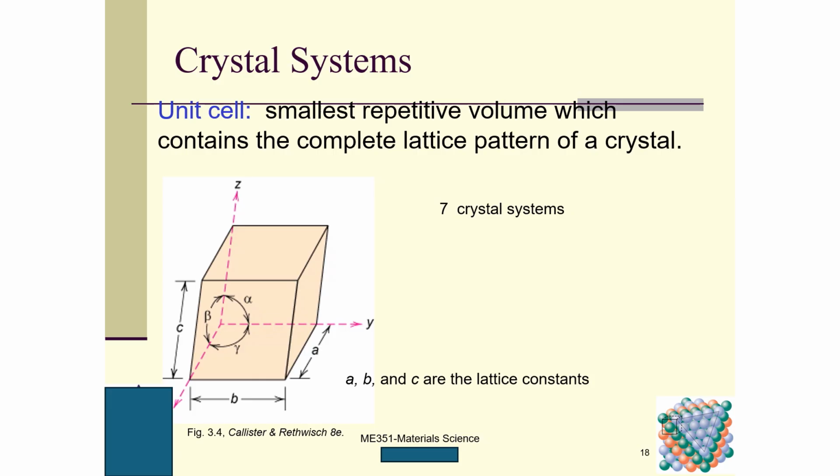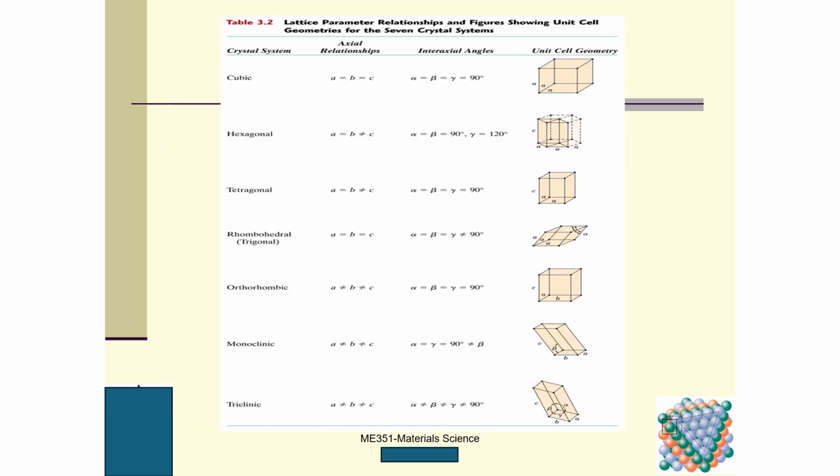Here A, B, C are the lattice constants. This slide shows the commonly seen crystal structures. The first one, cubic, is what we talk about for metals.